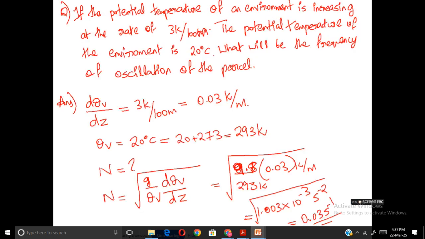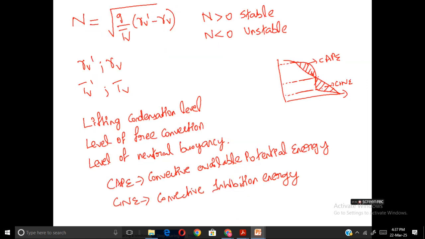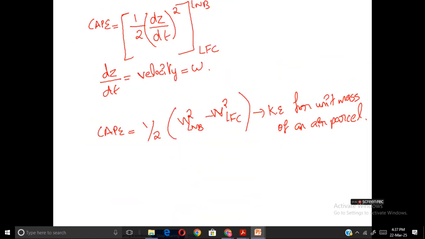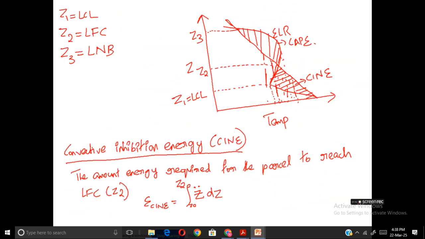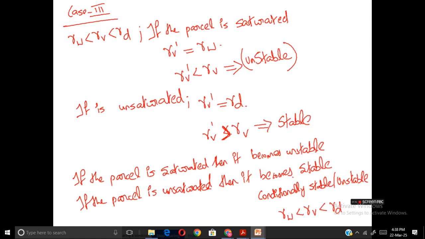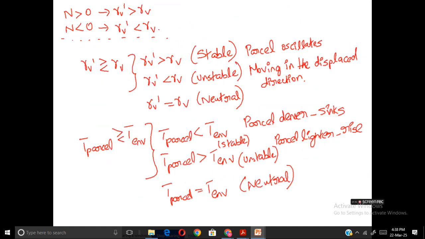I think we will end it here today. If you have any doubt, you can ask me regarding the concept of stability. We learned the different conditions for stability in terms of the lapse rate, in terms of temperature, and in terms of the Brunt-Vaisala frequency. We also learned the two different energy criteria, convective available potential energy and convective inhibition energy.